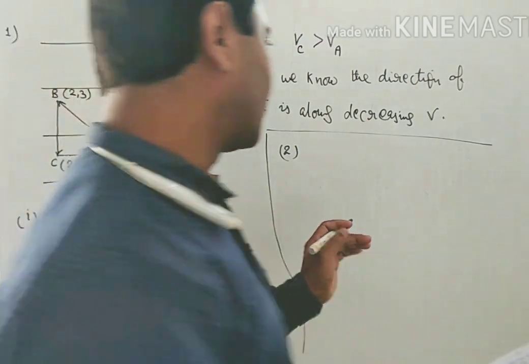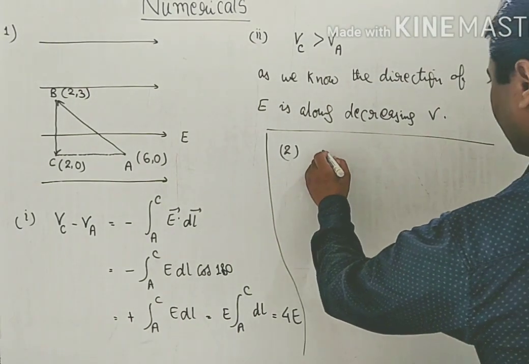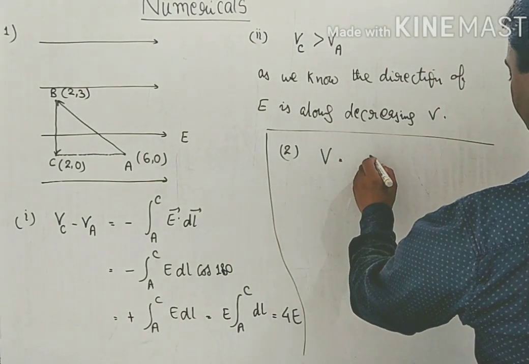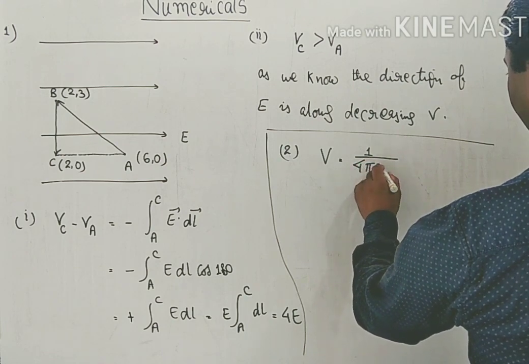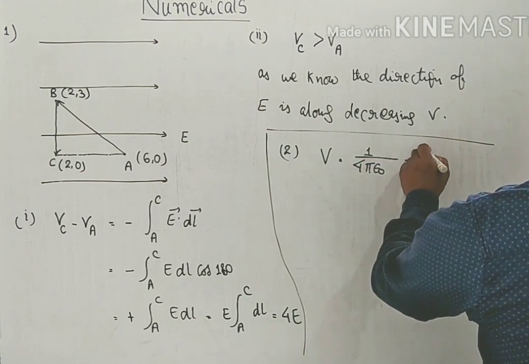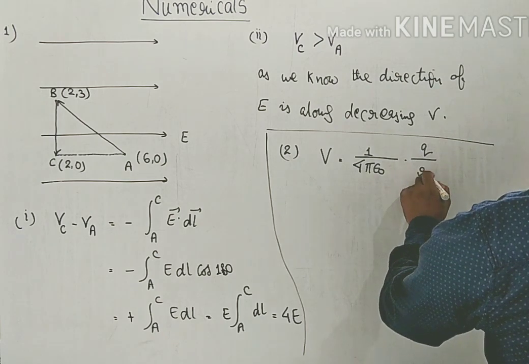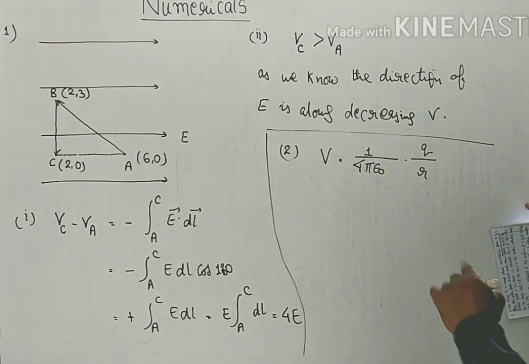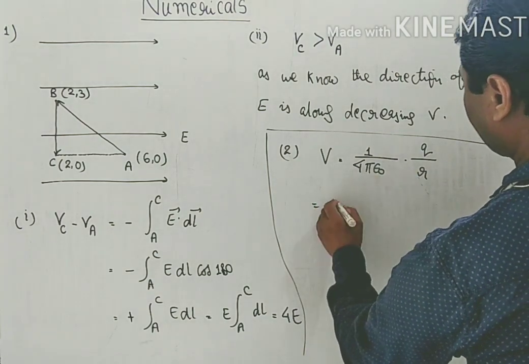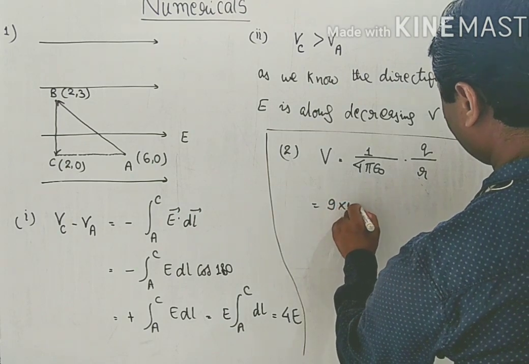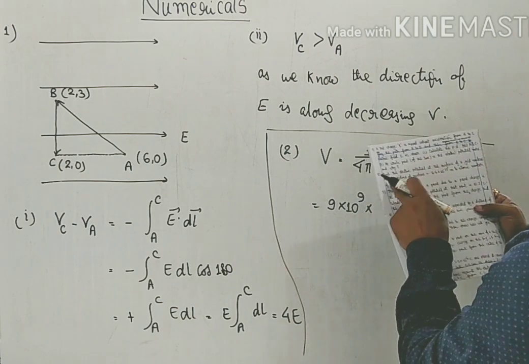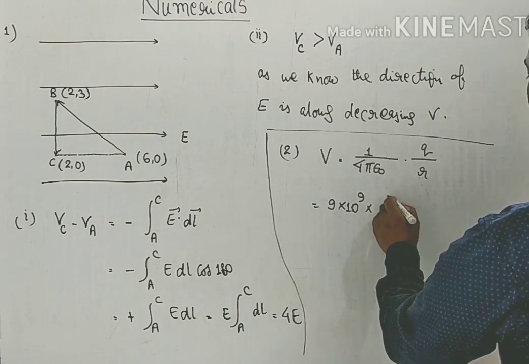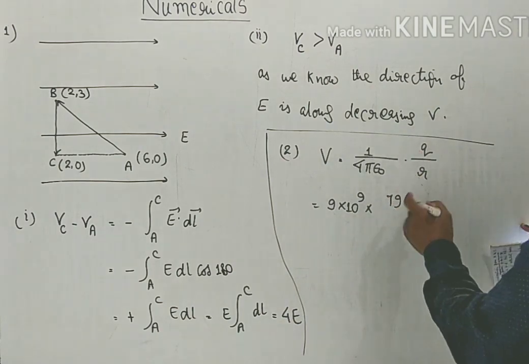So we'll be using a very basic definition. Electric potential is 1 upon 4 pi epsilon naught times charge upon distance from the source charge. This has a value of 9 times 10 to the power 9, and we have the atomic number of gold given to be 79. We are using Q equals Ne.